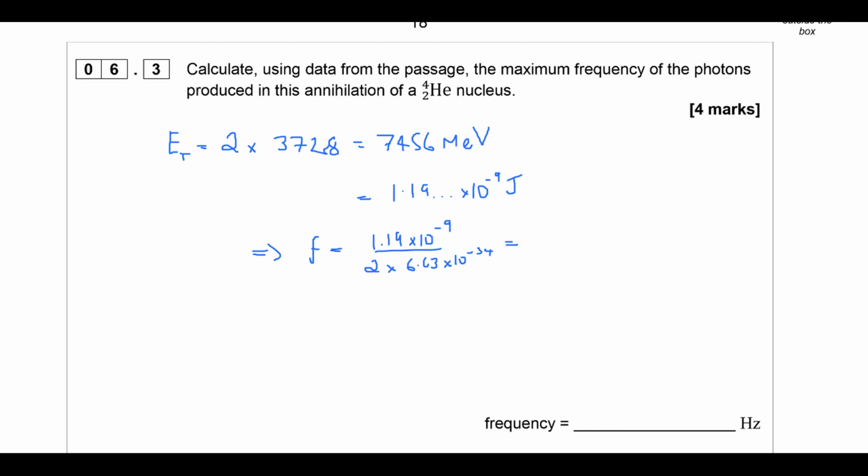When we do that, we end up with 8.999 and so on. So that's going to be 9.00 times 10 to the 23 hertz there, because we're going to give it to 3 significant figures, because the Planck's constant value we're using is 3 significant figures.